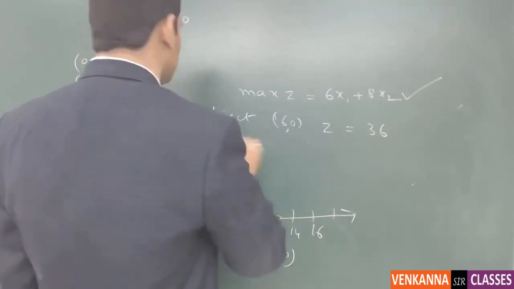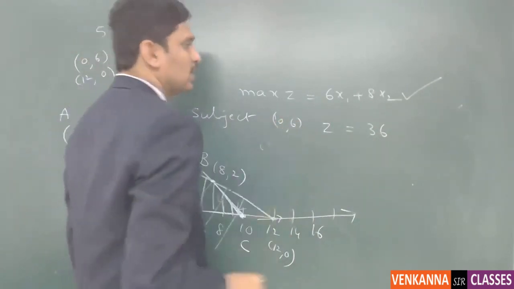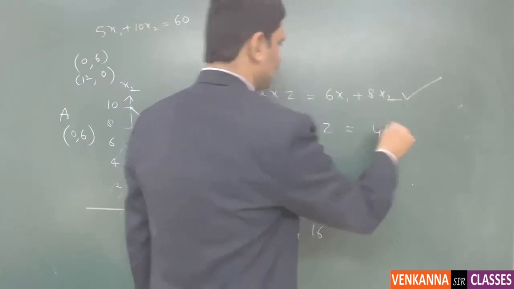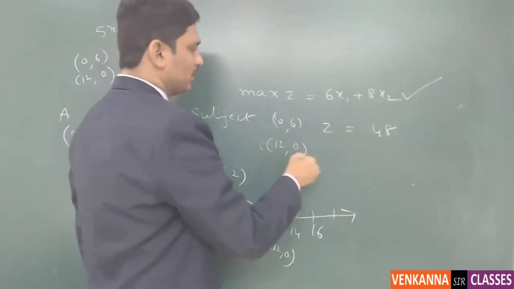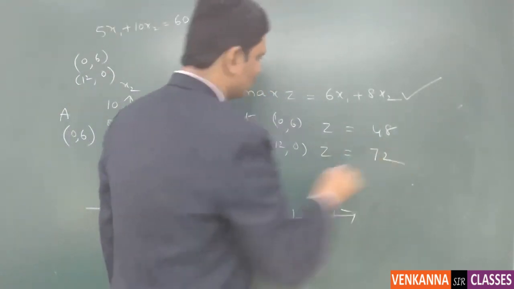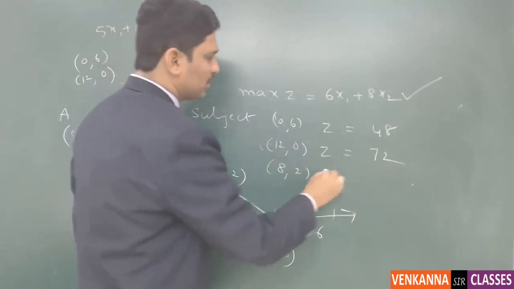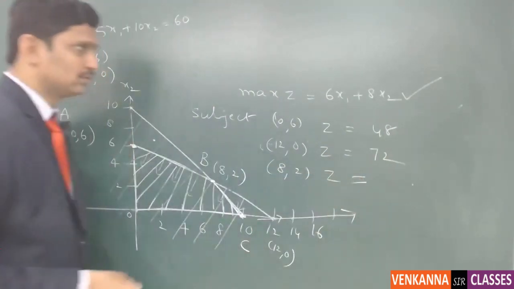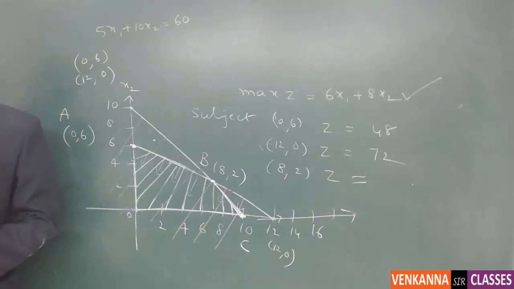It is, I think, 0, 6. So Z equals 48. If you substitute 12, 0, Z equals 72. If you substitute 8, 2, Z equals, what is the value there? By substituting 8 and 2, 64.